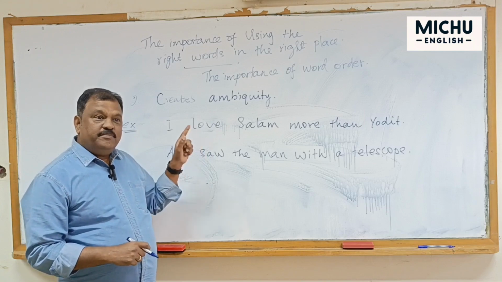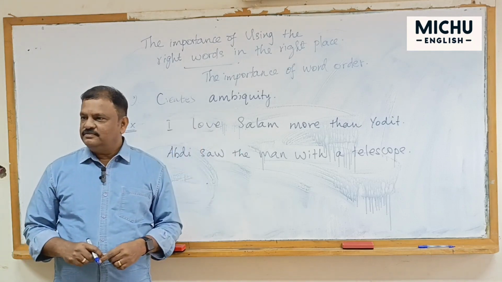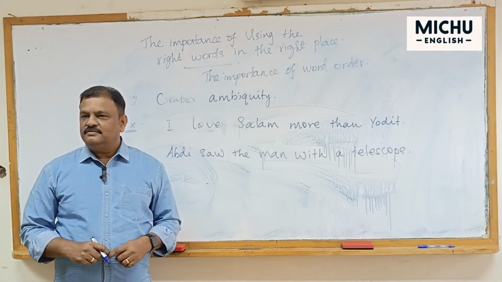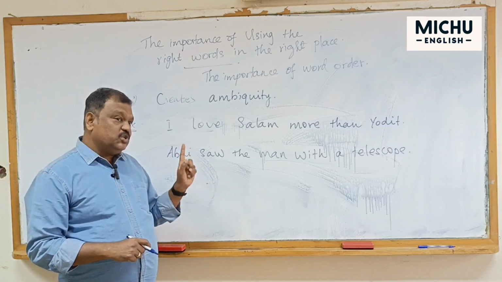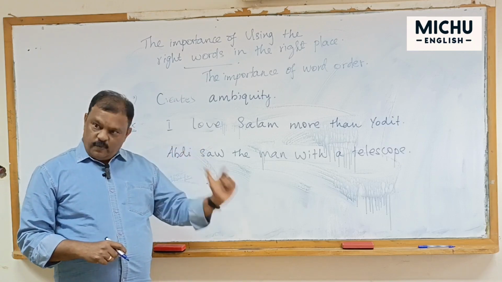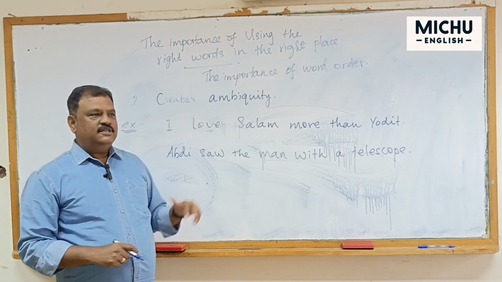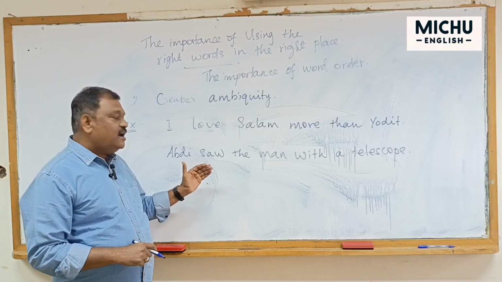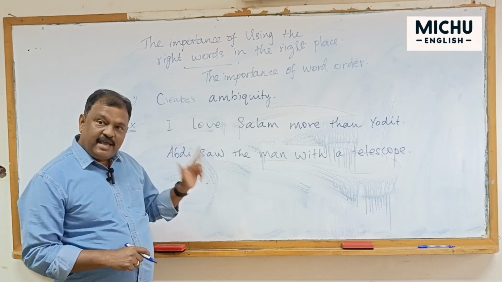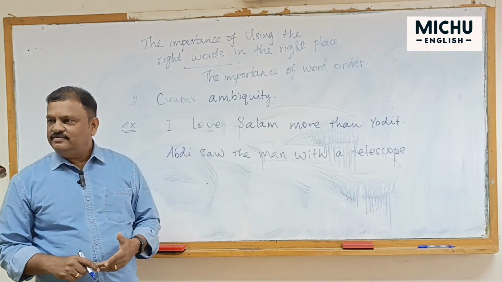Abdi saw the man with a telescope. The first way of understanding the meaning: Abdi saw the man with the telescope. The second way of reading and understanding the meaning is: Abdi saw the man with the telescope.